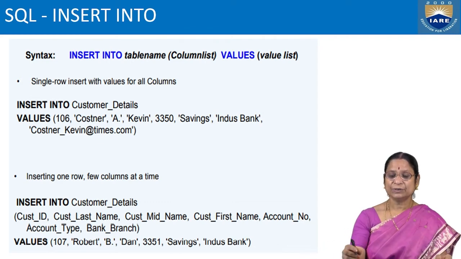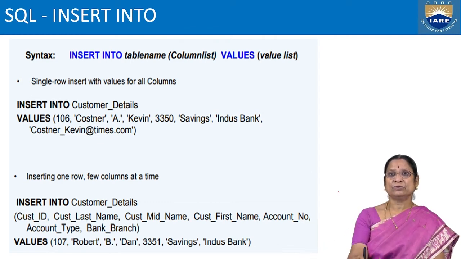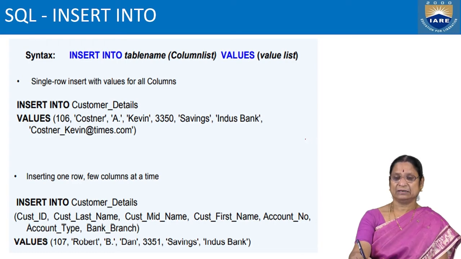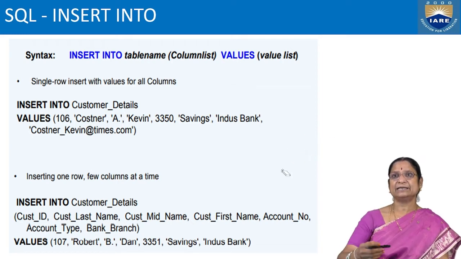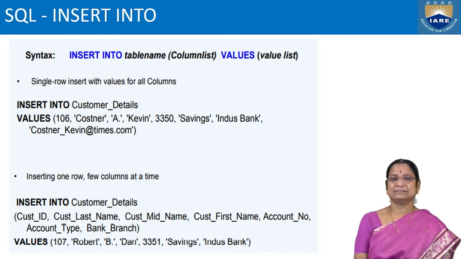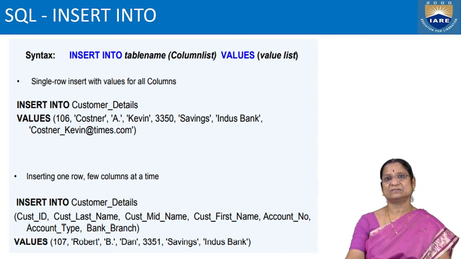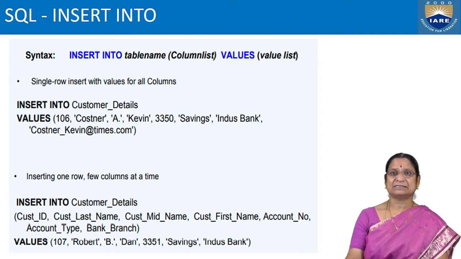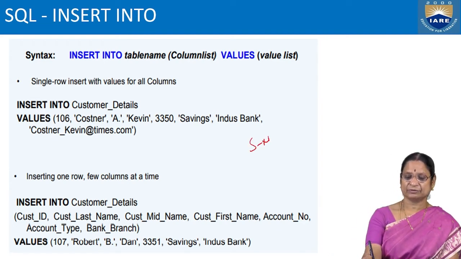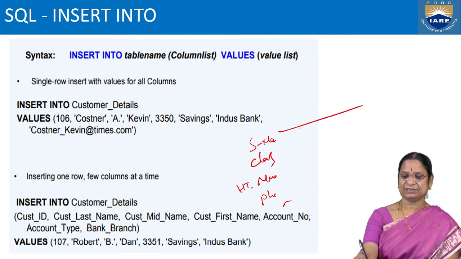Or you can develop an interactive screen. A screen is going to be developed by using some programming language, because an integrated program can be generated by us in some other high-level language, which will accept data from the screen when we are typing, just like we type for applications. For example, student name, class, hall ticket number, phone, address will be there.